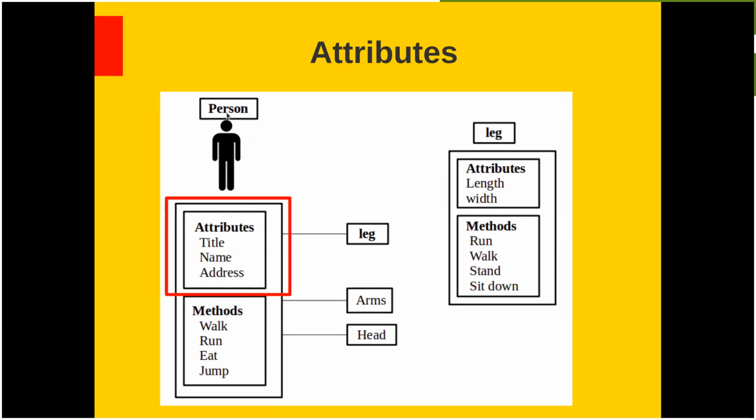This object has parts like leg, arms, head. When we consider leg, it is also an object. It also has attributes and methods. Methods are also operations and behavior.